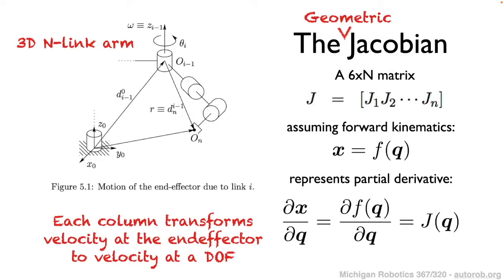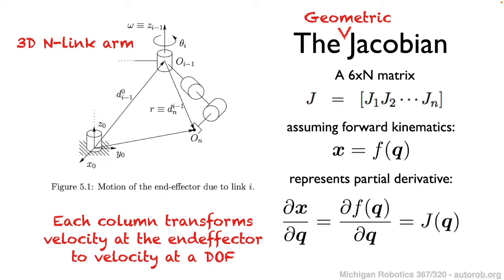In particular, the Jacobian for our purposes is always going to be a 6 by n matrix, where the n column vectors within the Jacobian correspond to each of the degrees of freedom that can affect the end effector's position within the robot. Each column within this matrix we can think of as representing a transform that will transform the velocity at the end effector to a velocity at the corresponding degree of freedom, and each element within the matrix represents a partial derivative.